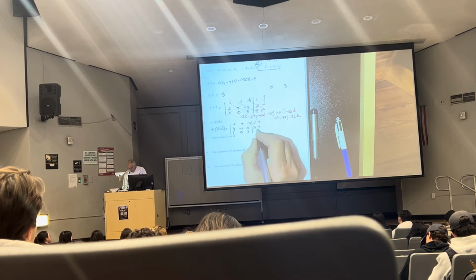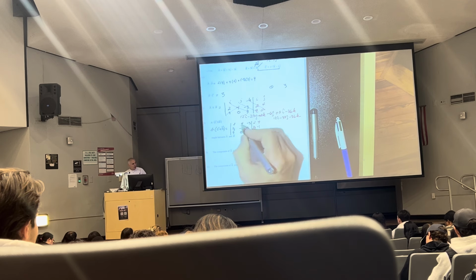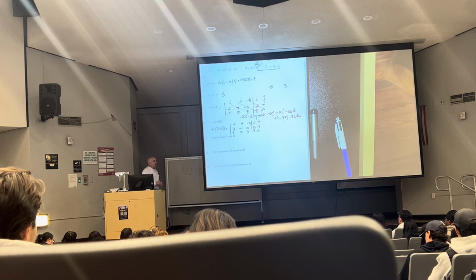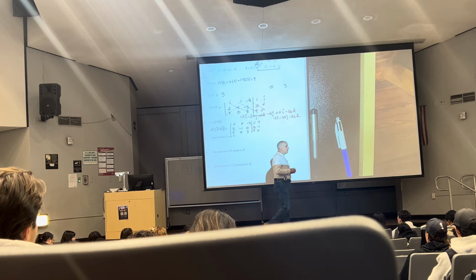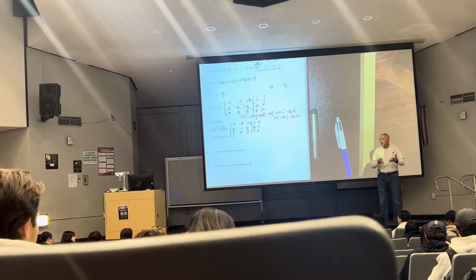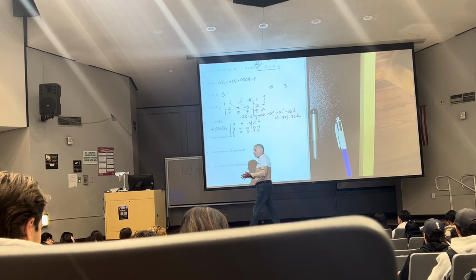or if you're doing it by your calculator, make sure that I see the determinant. Because if I don't see the determinant and you just give me an answer, I'm going to assume you cheated. Or you don't give me the determinant and you get the wrong answer.